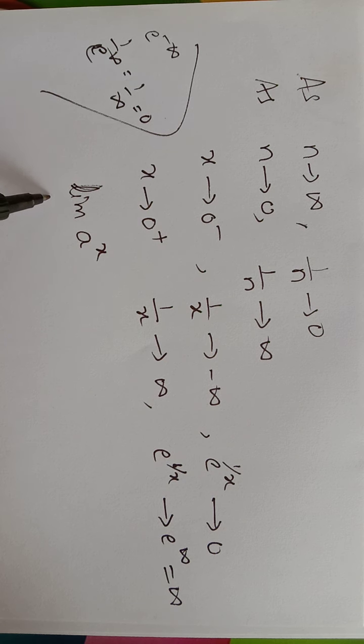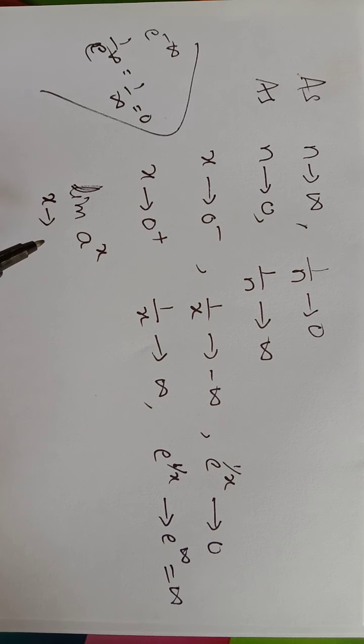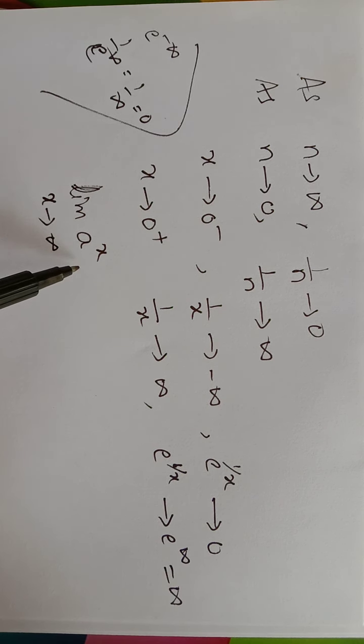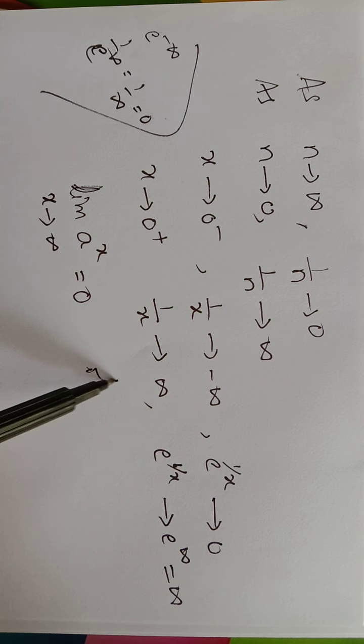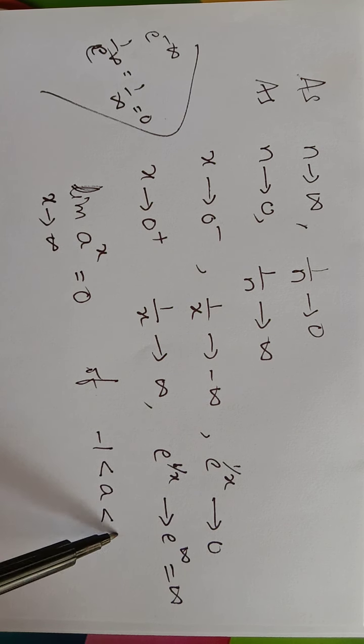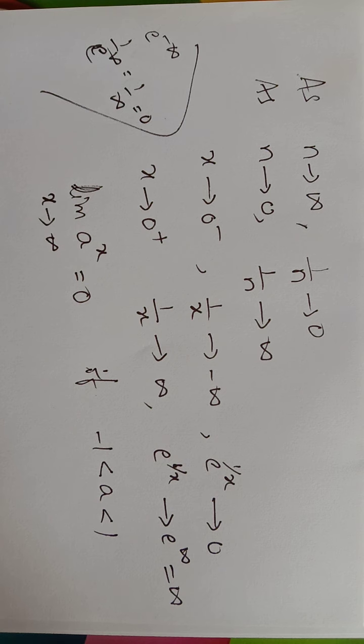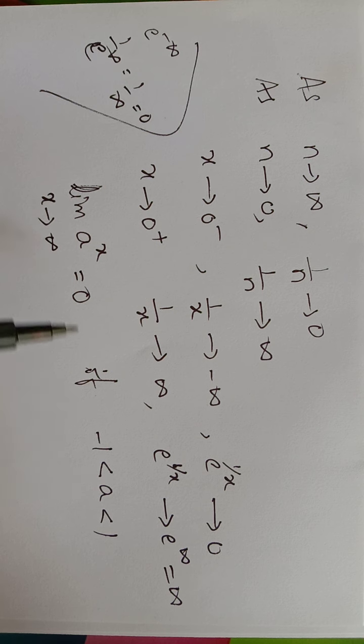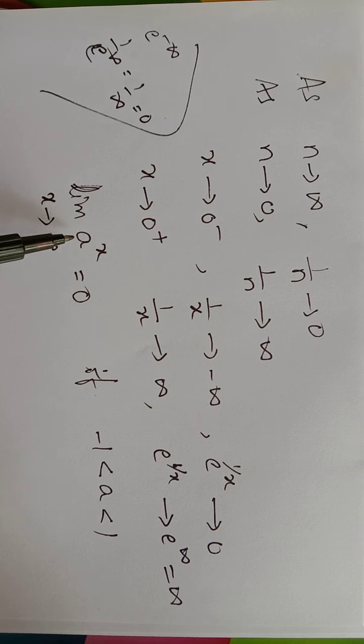Limit of a power x as x approaches infinity is equal to 0 if a lies between minus 1 and plus 1 particularly. If a lies between minus 1 and plus 1, the value of a is minus 0 point something or plus 0 point something, all decimal values. Those 0 point values raised to higher powers will always approach 0 only.